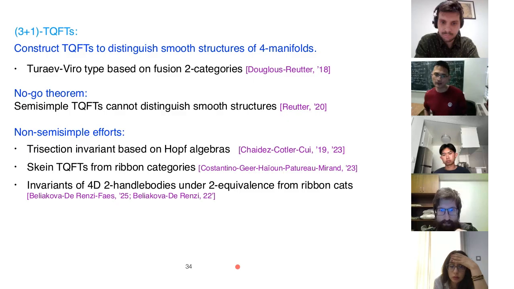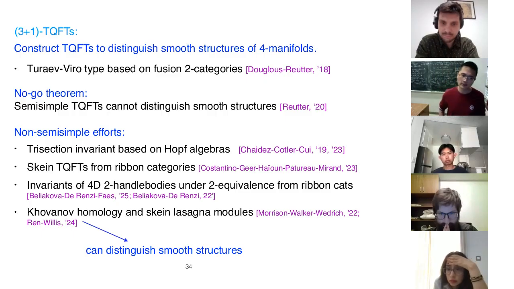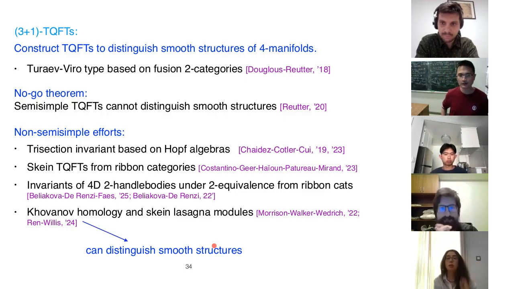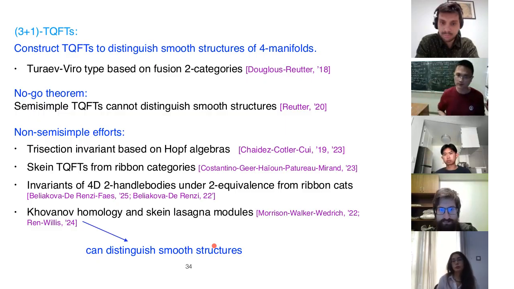There are also some special constructions, not invariants of 4-manifolds, but rather something called 2-handlebodies, also constructed from ribbon categories. More recently, there's the construction of the skein Lasagna module, motivated by Khovanov homology. This is not quite a 3+1 TQFT, but you can still see it has some features of TQFTs, and this invariant was shown recently to be able to distinguish different smooth structures.